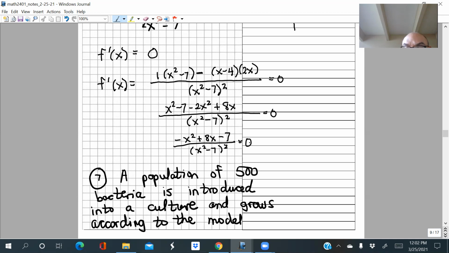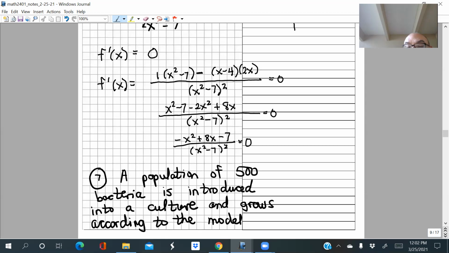But now here's where we can use our logic to make our life easier. Look, when you have a big fraction that equals 0, the only way a fraction is equal to 0 is if the top is 0. Think about that, okay?